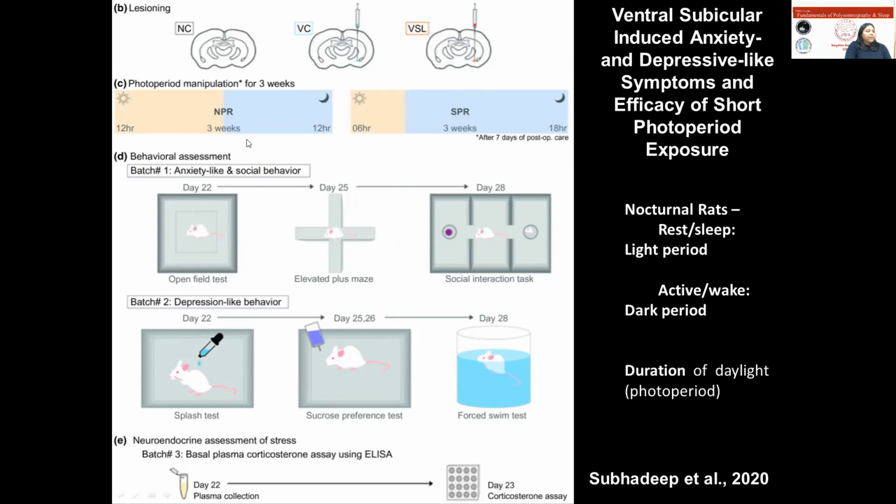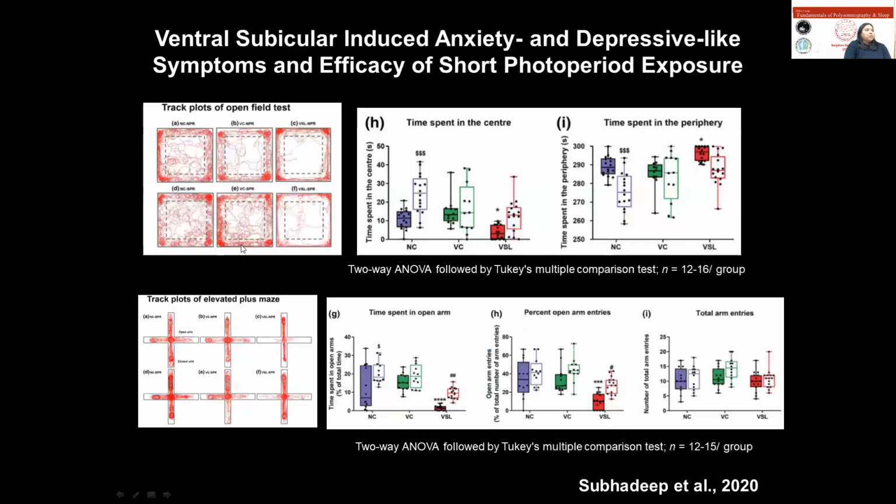Following 7 days of recovery and 21 days of exposure to either normal photoperiod or short photoperiod, these behaviors were assessed. Anxiety-like behavior is demonstrated in open field by reduction in exploration of the center, and most time is spent in the periphery.